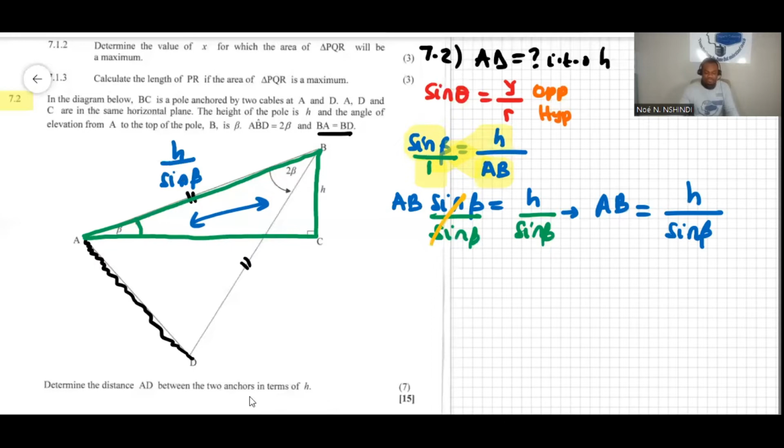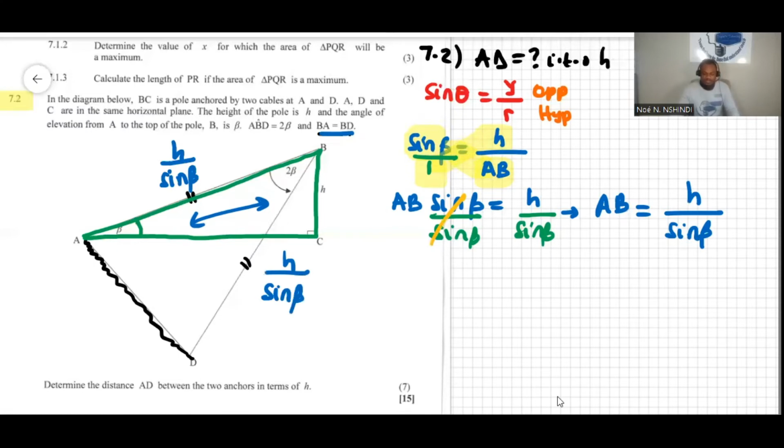Now we did say over here that BA is equal to BD. So this side is also h over sine beta.